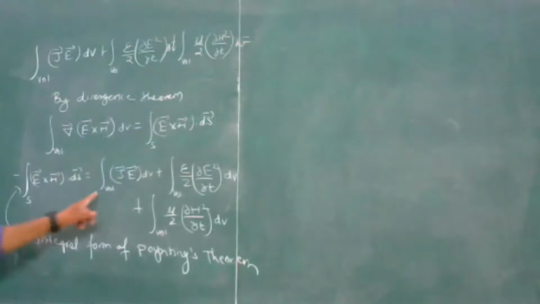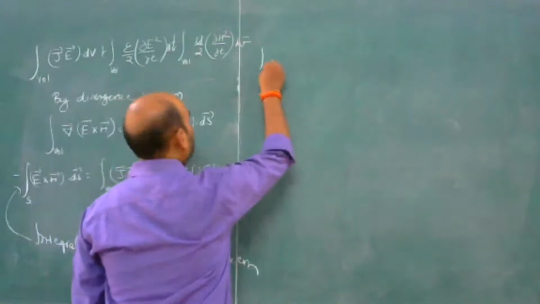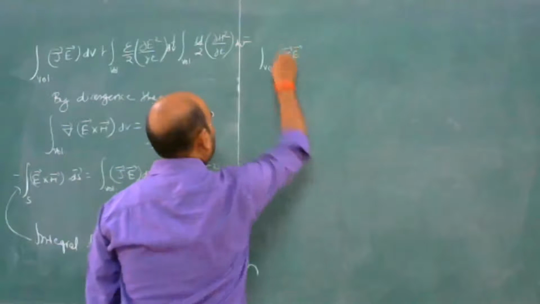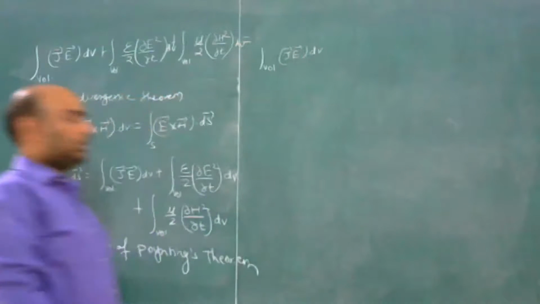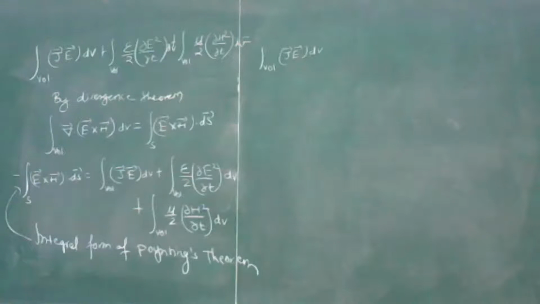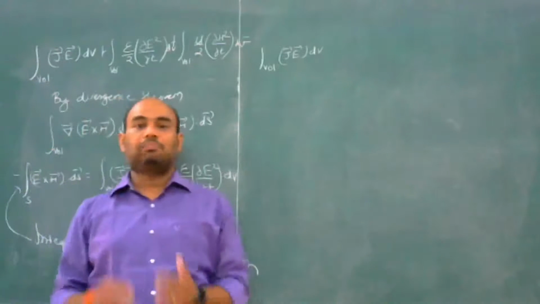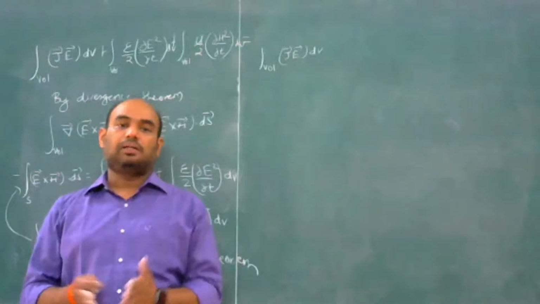Now this term is the volume integral of J dot E dV, where P is equal to J into E. This integral represents the power supplied to the charged particle by the field.